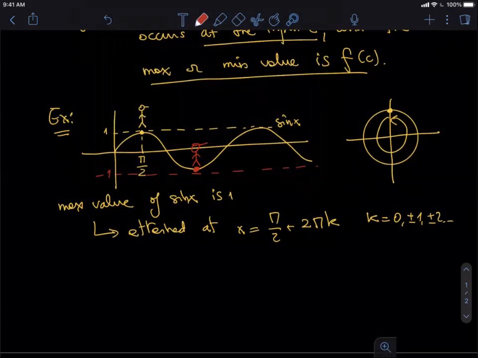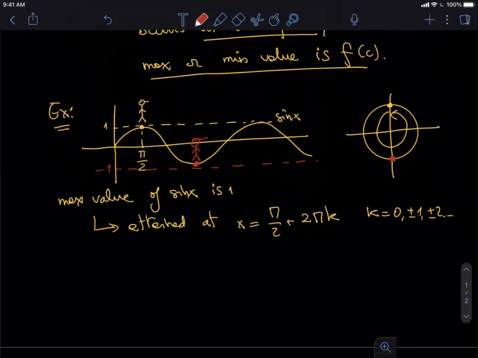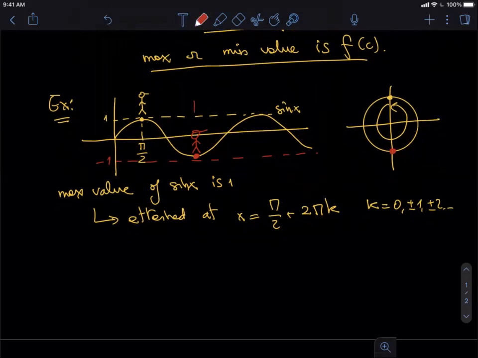And what is this point? So we can see in the trigonometric circle that will be negative. Well, actually, I'm on the positive side, so that will be 3 pi over 2.